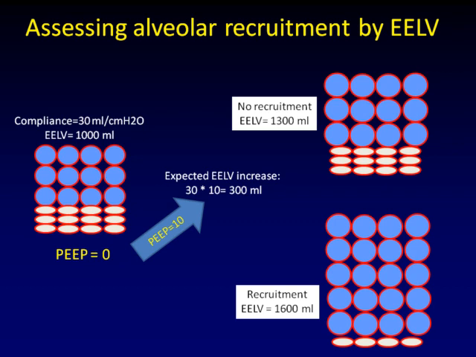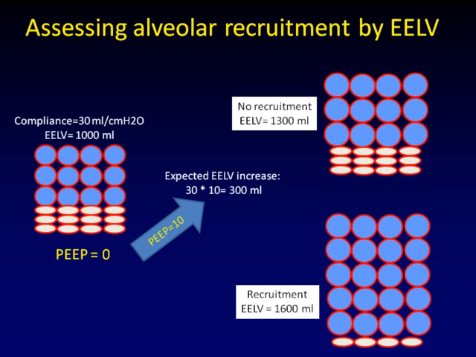You see, these open alveoli stay open. Actually, they get bigger. They get bigger exactly of the amount of the change that I expect from the applied PEEP. 30 milliliters per centimeter of water, PEEP is 10, so the change is 300 milliliters. At the opposite, if recruitment takes place, now I change pressure by 10 centimeters of water.